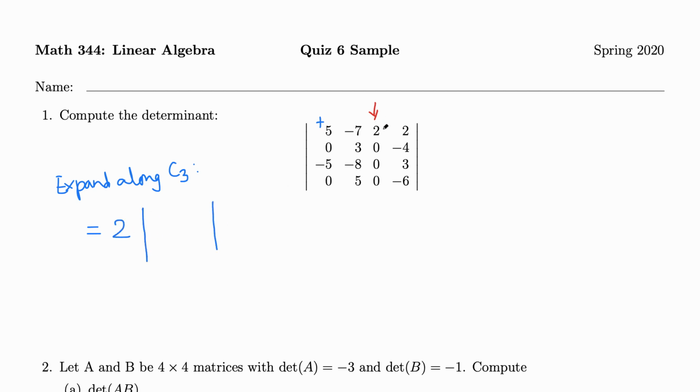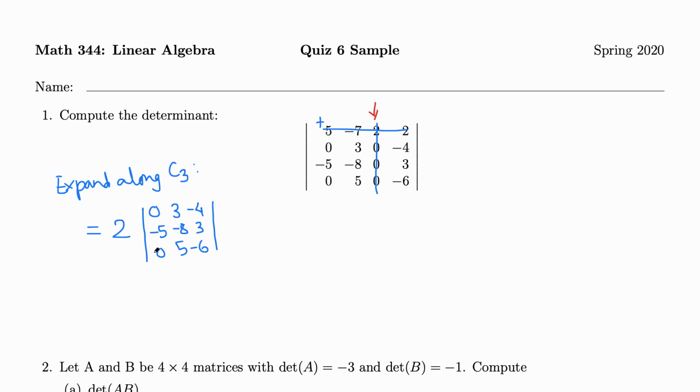Now we delete the row and column containing that, which leaves 0, 3, negative 4, negative 5, negative 8, 3, 0, 5, negative 6. And we don't have to expand along the others because 0, 0, 0 is going to be 0.